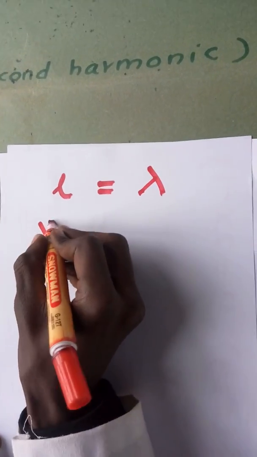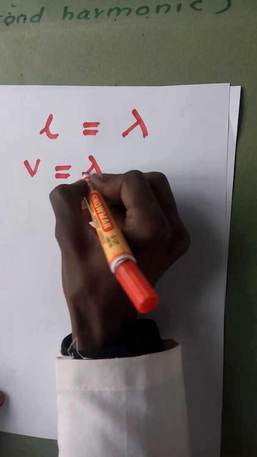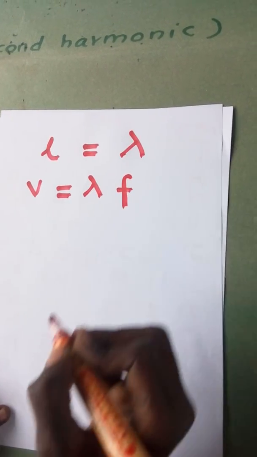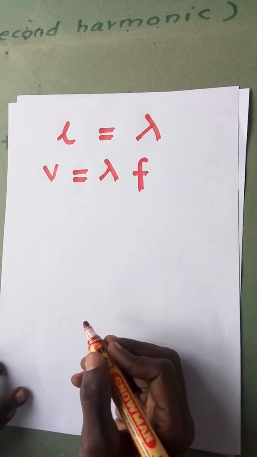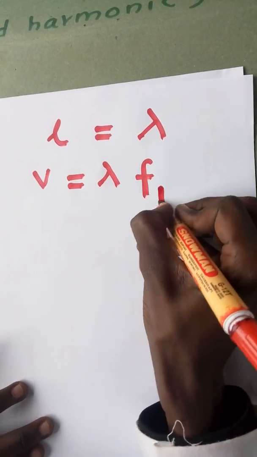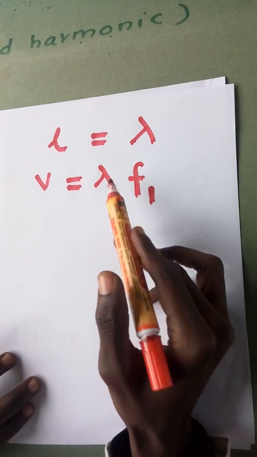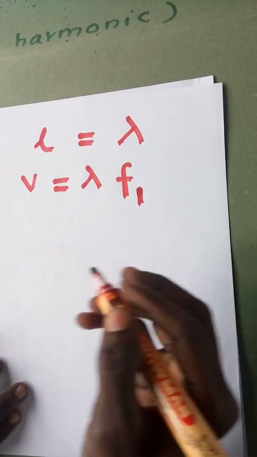From velocity equals wavelength times frequency, this is the frequency of the first overtone, so we make the frequency of the first overtone the subject of the formula.